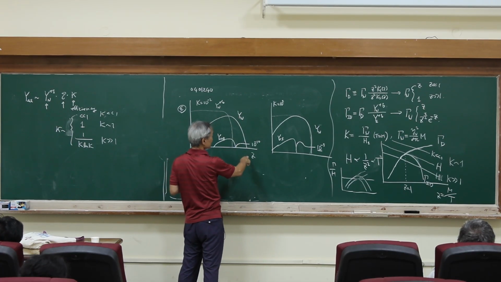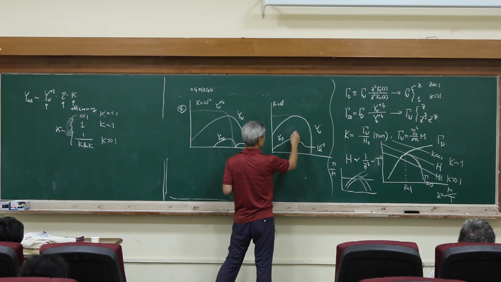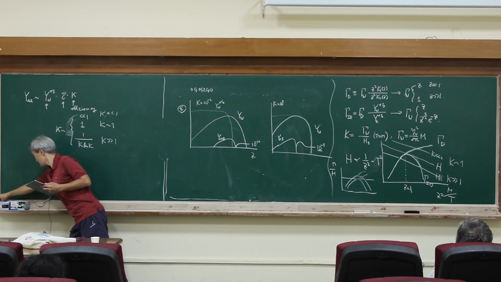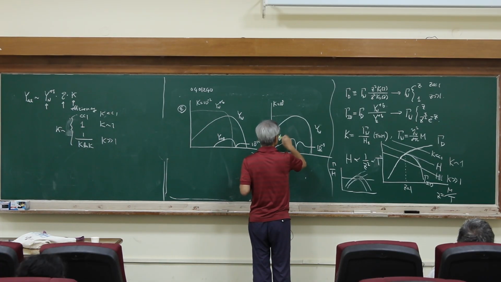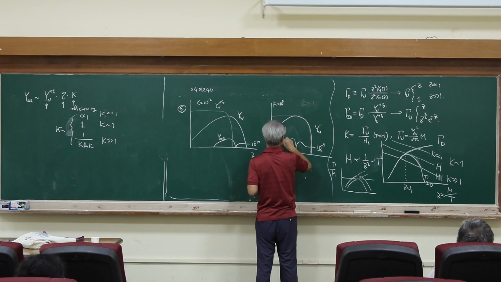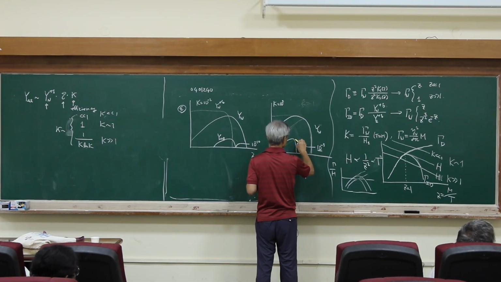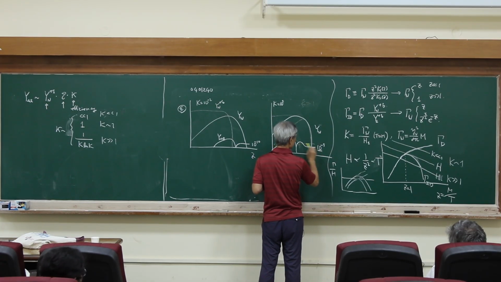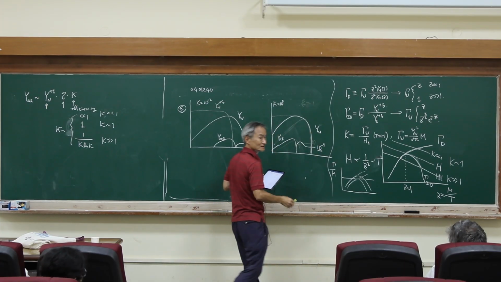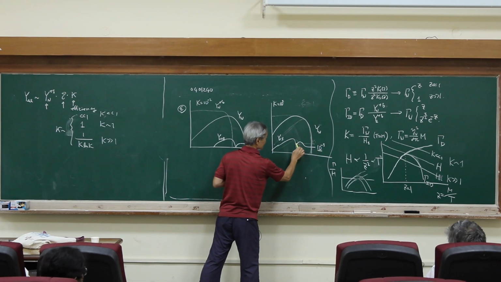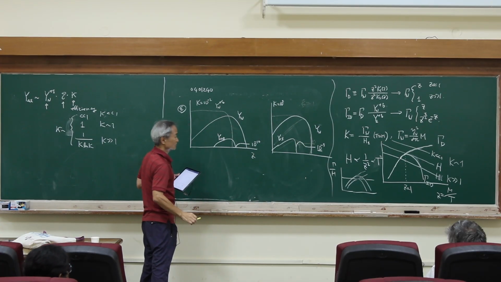If K equals 1, then probably we'll have something like this plot for YN and Y delta L. I guess it should be larger than 10 to minus 9, say, I don't know, 10 to minus 8 or something. So no washout effect. So this is due to the inverse decay.